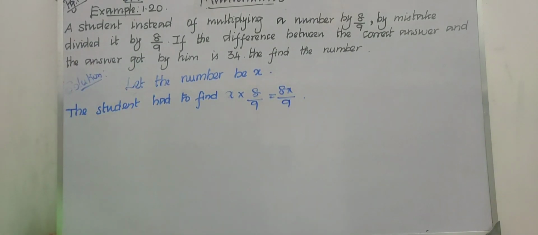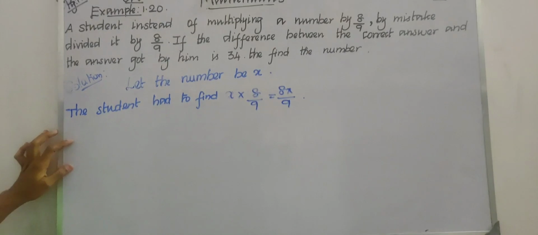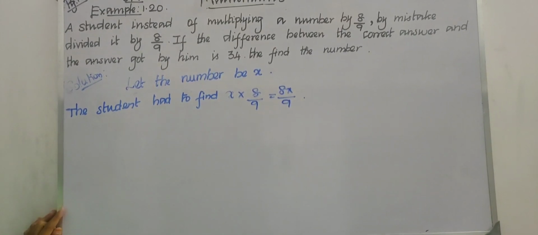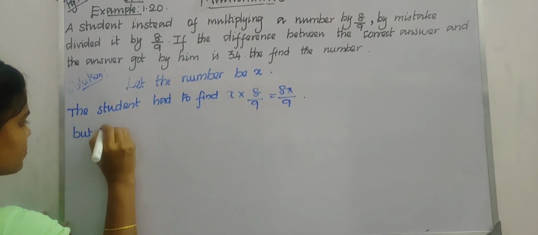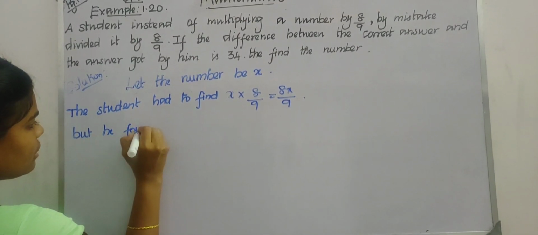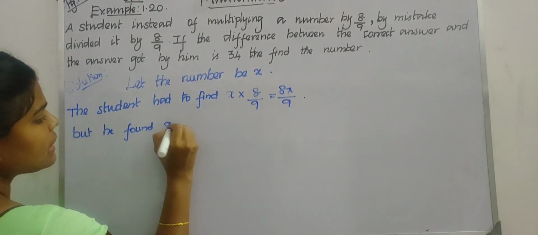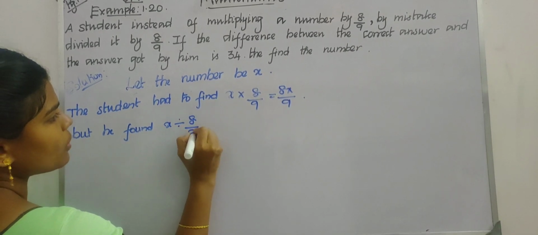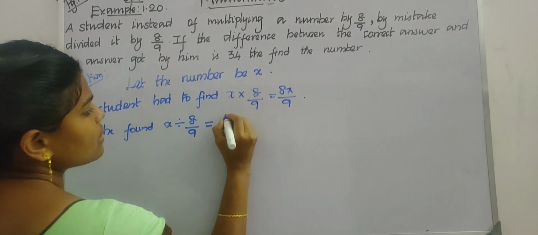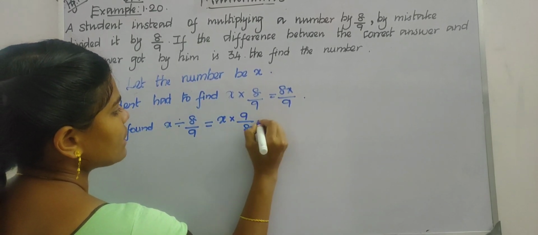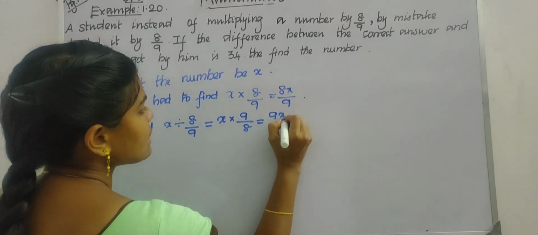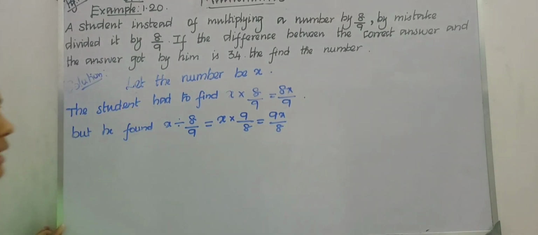Instead of finding that, he found x divided by 8 upon 9, so what will you get, x into 9 upon 8, that is 9x upon 8.